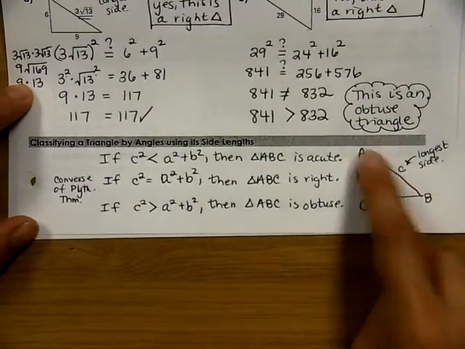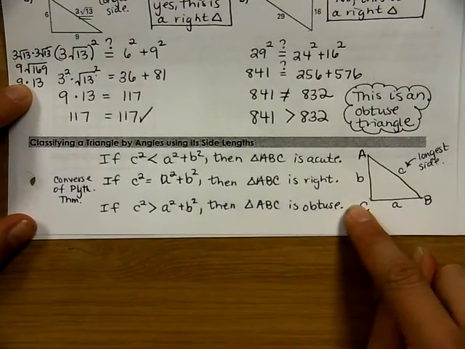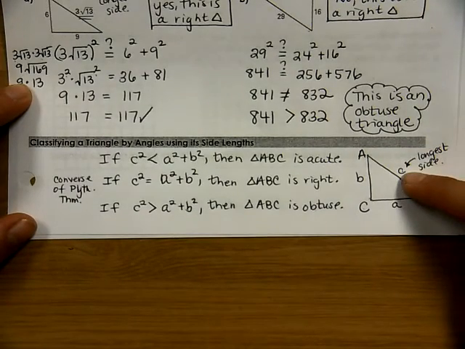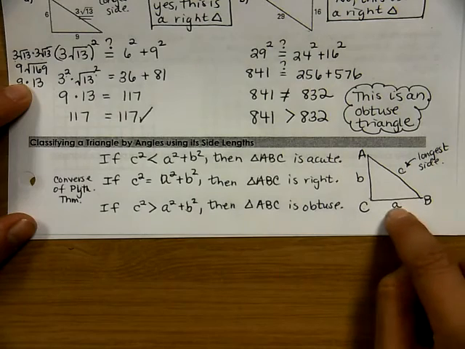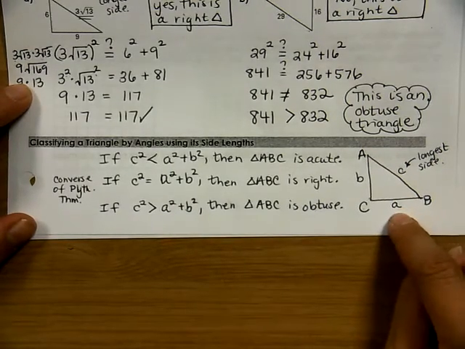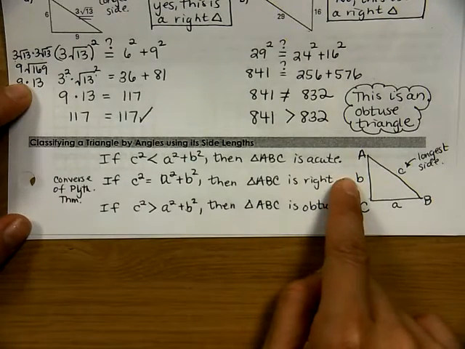If I have a triangle ABC, and I label the lengths of the side opposite each vertex with a lowercase letter of that vertex, the longest side would be length c, and the side opposite A, I will name that length a. I will name the length of the side opposite B, lowercase b.